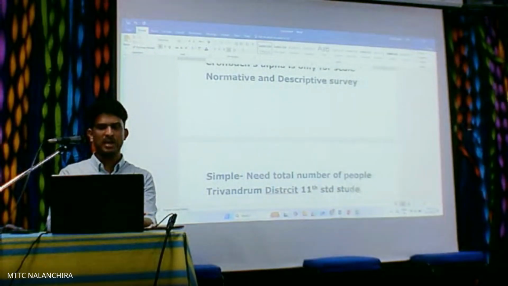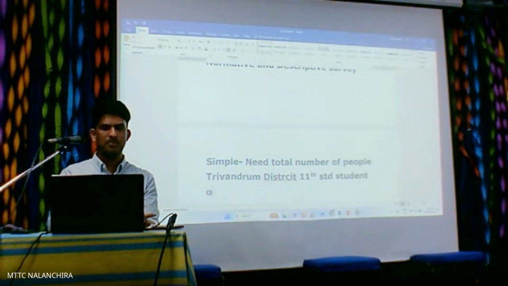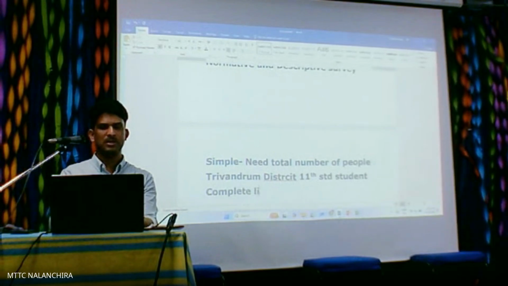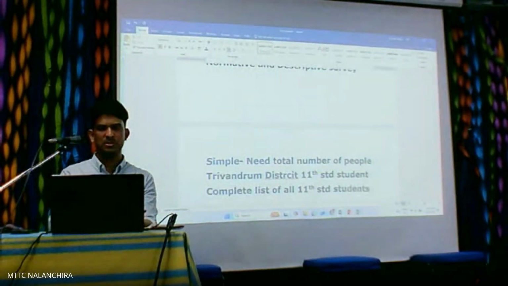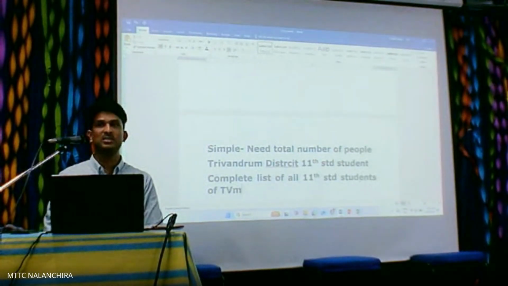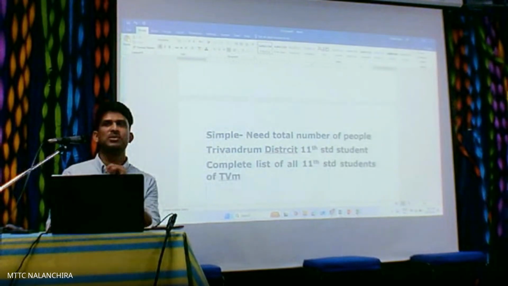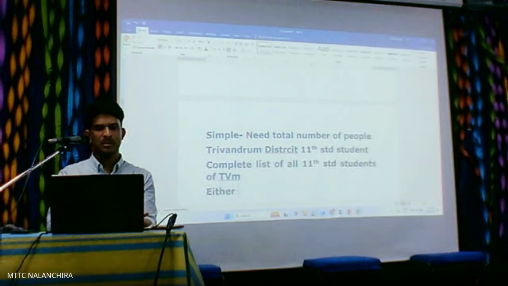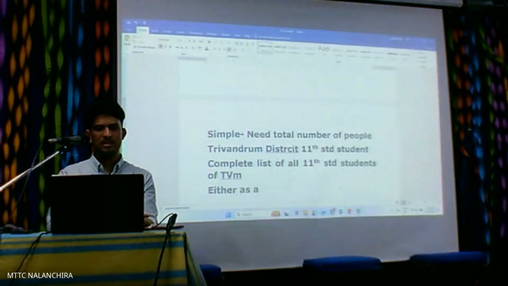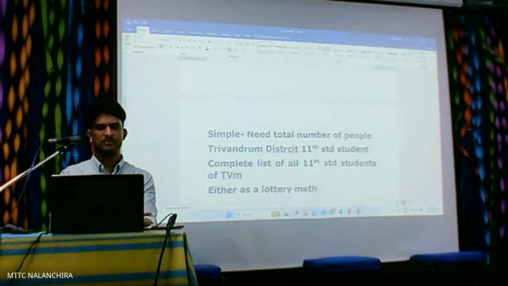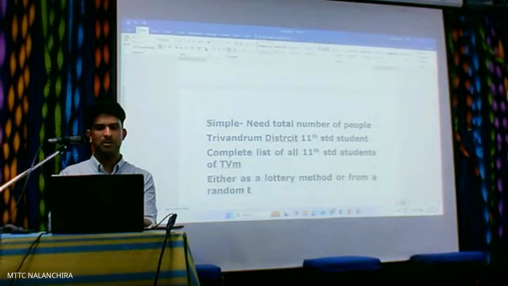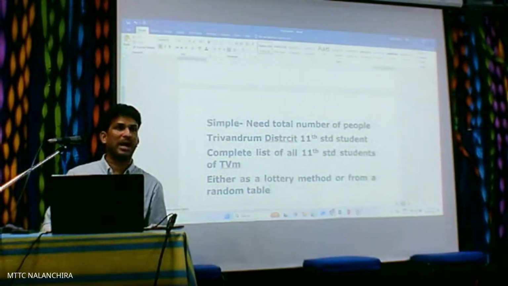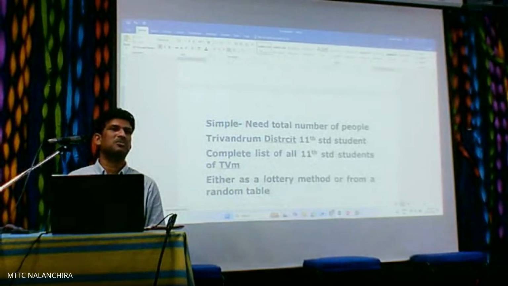For simple random sampling, you need the complete list of all 11th standard students of Trivandrum. This is the requirement. From that, you can take either a lottery method or a random table.